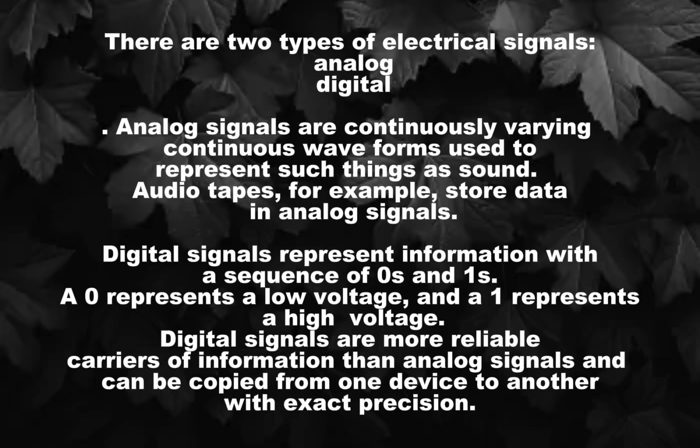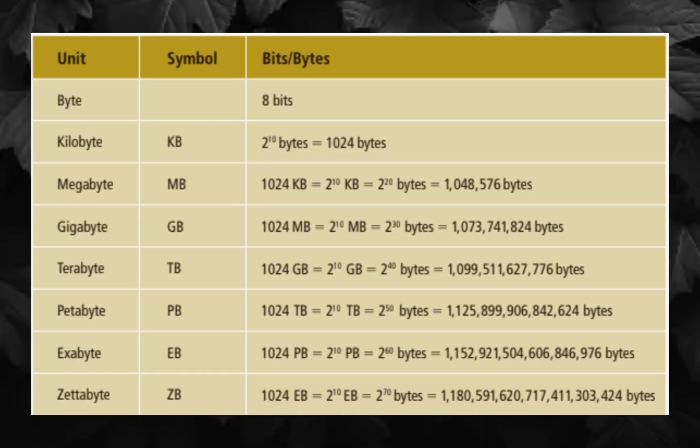The next signals are digital signals, which represent information with a sequence of zeros and ones, like binary. A 0 represents a low voltage and a 1 represents a high voltage. Digital signals are more reliable carriers of information than analog signals and can be copied from one device to another with exact precision. If you compare analog and digital signals, digital signals are more reliable than analog signals.